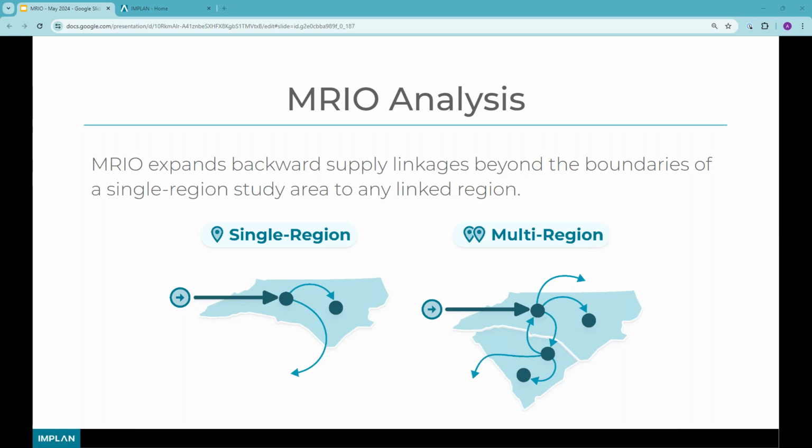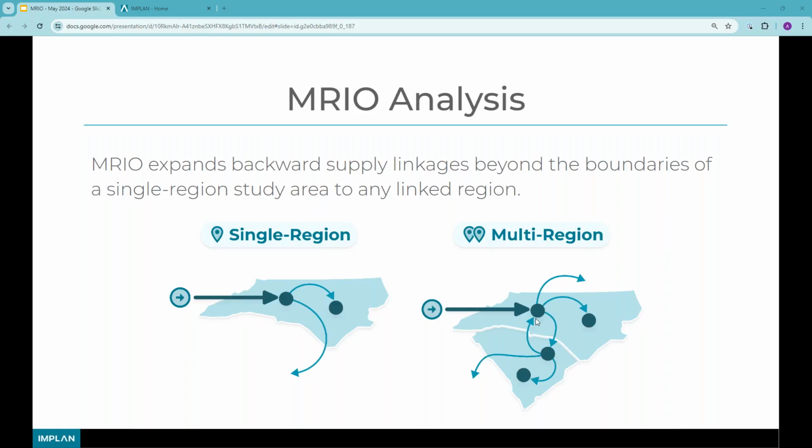In the multi-regional, or MRIO, we're expanding those backward supply linkages beyond the borders of just that single region, and we've now included any linked regions. So in this example, we've linked up North Carolina to the state of South Carolina.